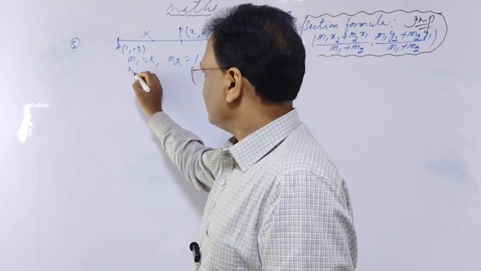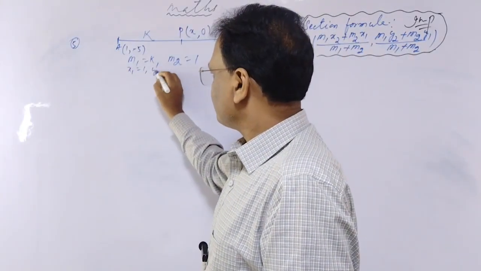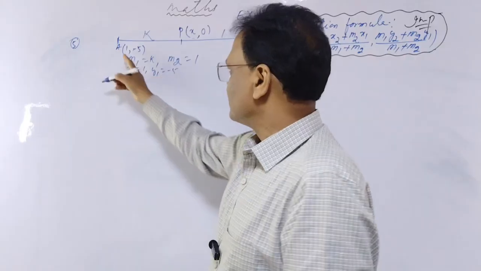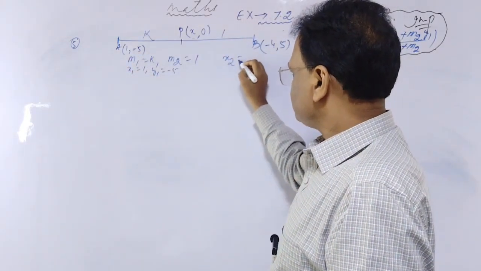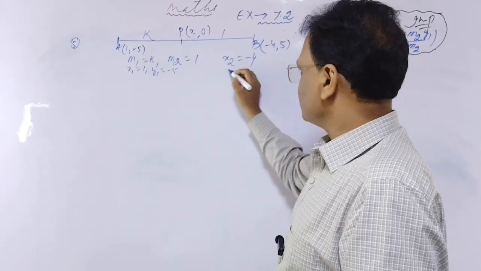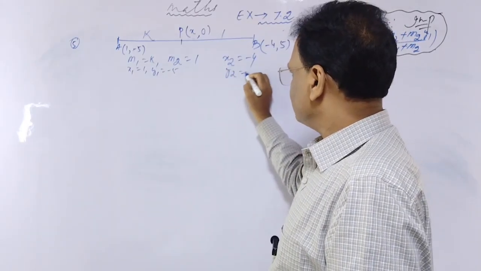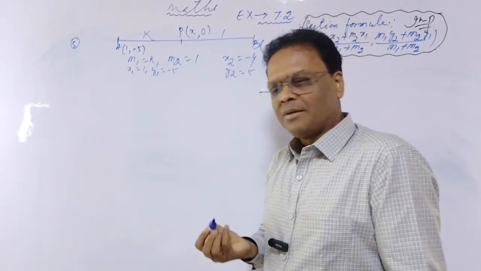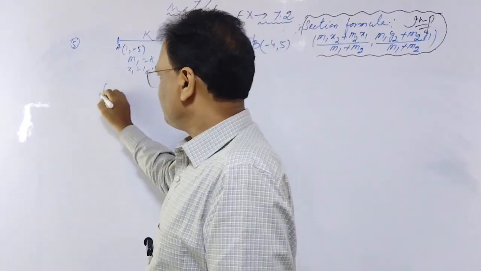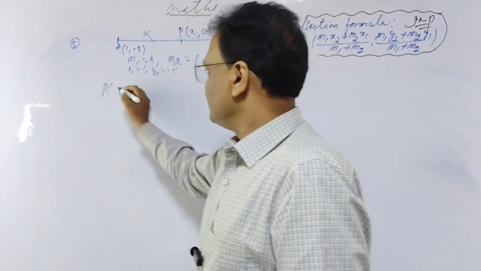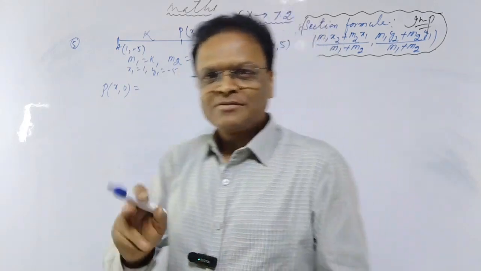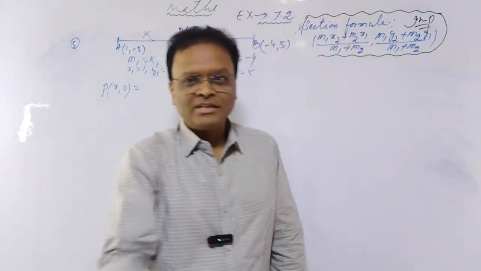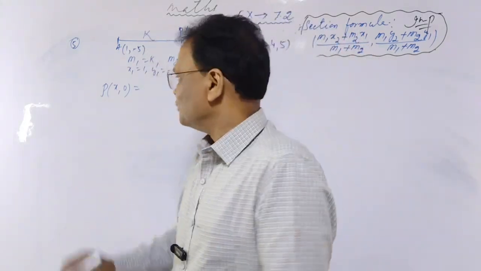And x1 is 1, y1 is equal to minus 5. And x2 is equal to minus 4, and y2 is equal to 5. Similarly, apply the same formula. So what is the formula? Px, y, that means x, 0 is equal to, I use this section formula again, m1 x2 plus m2 x1 divided by m1 plus m2.